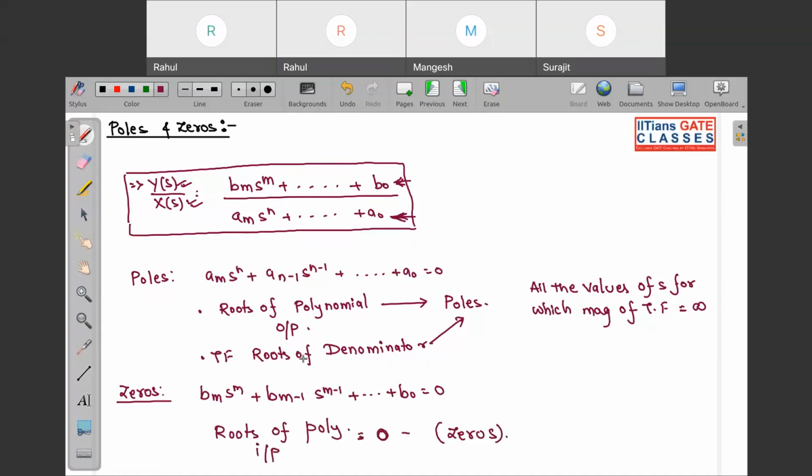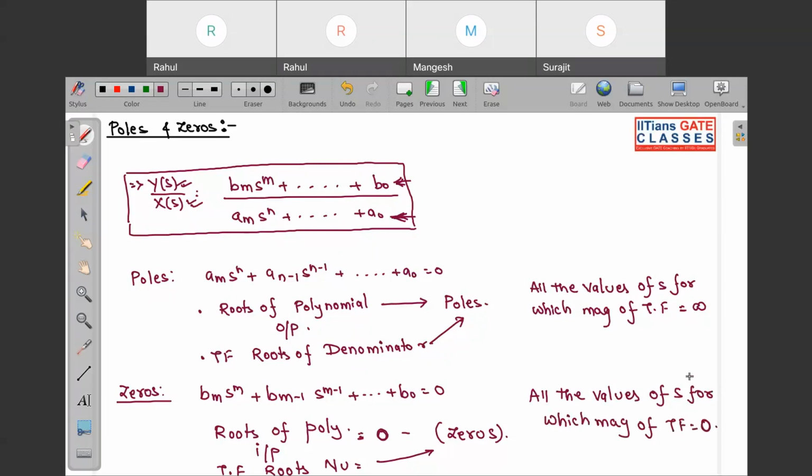Or simply, for the transfer function, roots of the numerator. Roots of the numerator are zeros. And if you want to define it, basically all the values of s for which the magnitude of the transfer function is 0. So these are the definitions of poles and zeros.